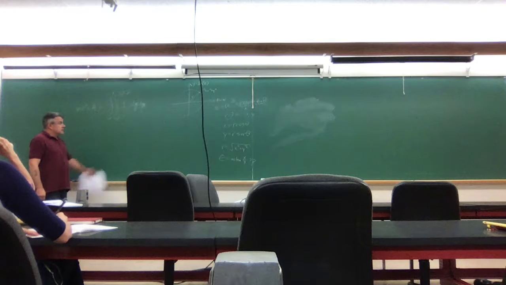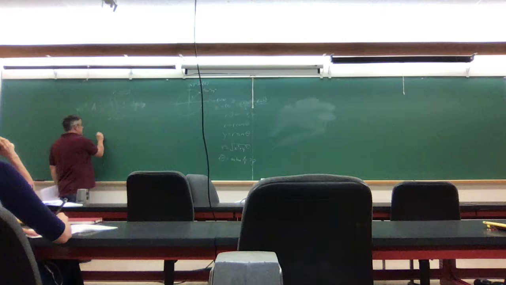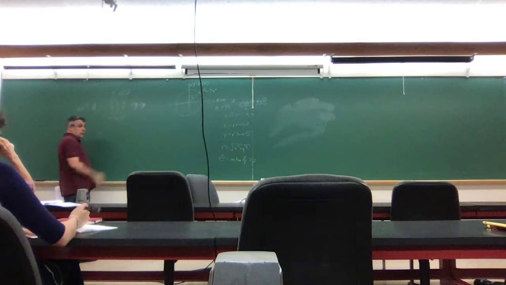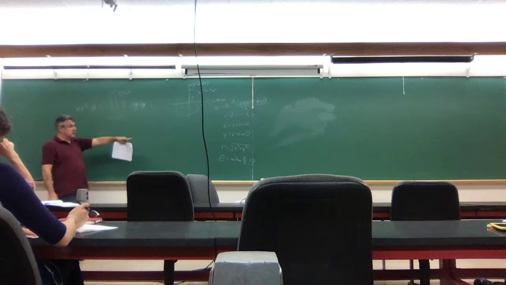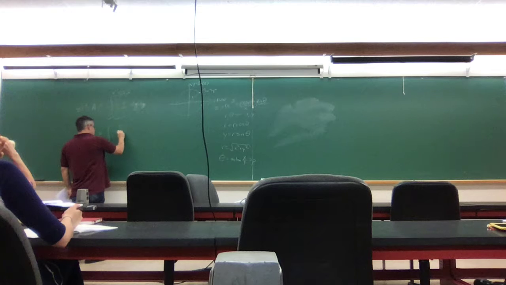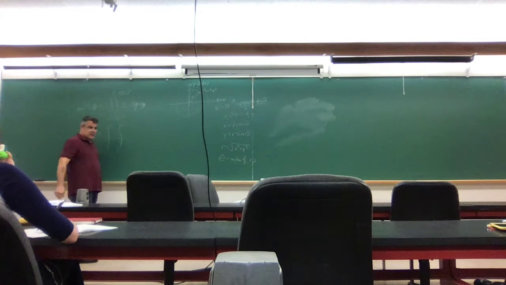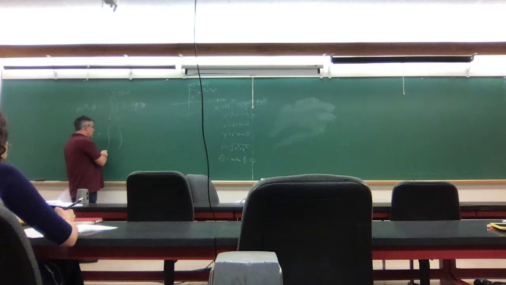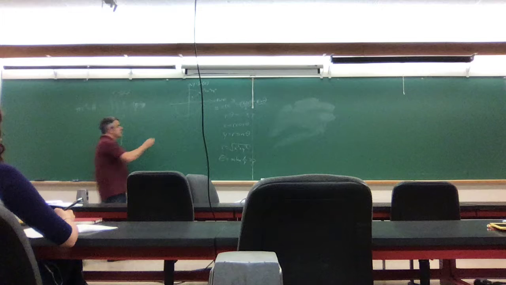Okay, so if we want to integrate over this circle in a multivariate integral, we want to do a change of coordinates from x's and y's to r's and thetas. So we're still going to have two integrals. One of the integrals is going to be an r integral, and one is going to be a theta integral. So what are the ranges going to be on those?